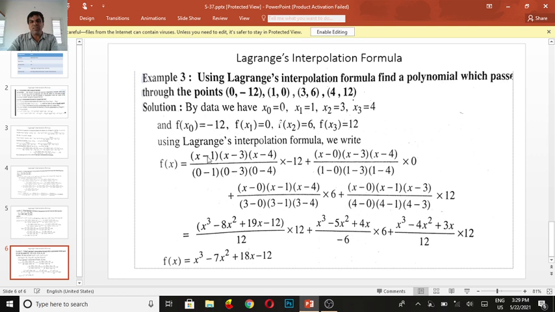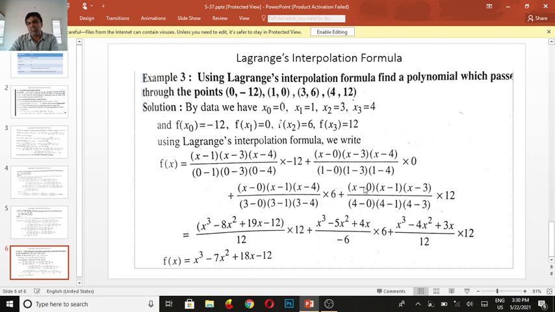So x minus x1, x minus x2, x minus x3 divided by x0 minus x1, x0 minus x2, x0 minus x3 into f of x0, plus x minus x0, x minus x2, x minus x3 divided by x1 minus x0, x1 minus x2, x1 minus x3 into f of x1, plus x minus x0, x minus x1, x minus x3 divided by x2 minus x0, x2 minus x1, x2 minus x3 into f of x2.